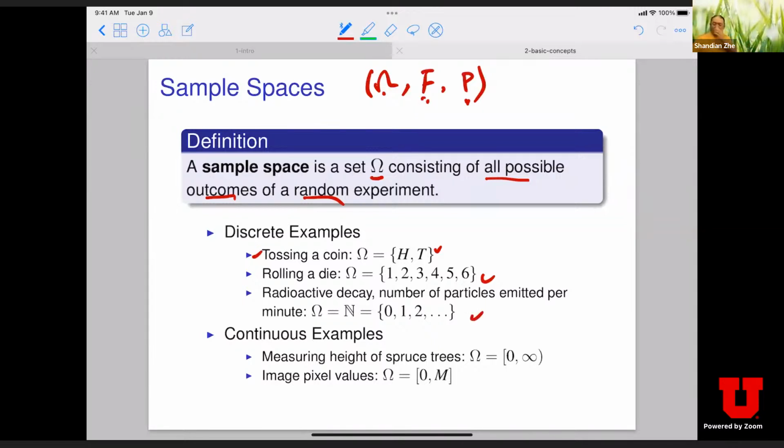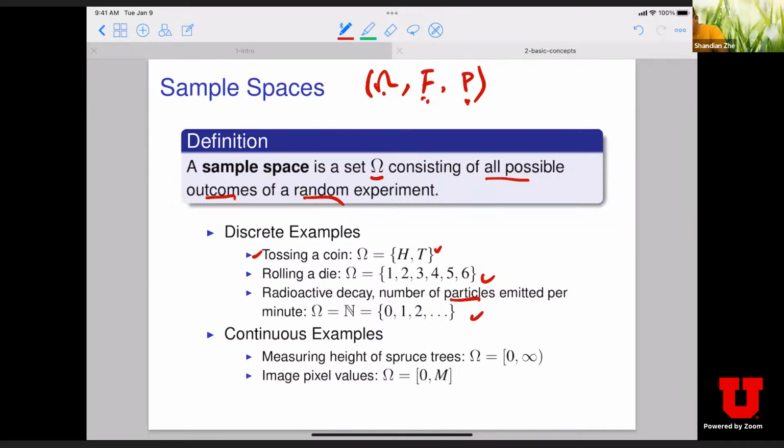Sometimes you want to look at the radiation of some materials, the radioactive decay. Then we want to look at the number of particles emitted per minute, and your basic unit of the outcome will be just non-negative integers, 0, 1, 2, 3, 4, 5, 6, and in theory it could be as large as possible.